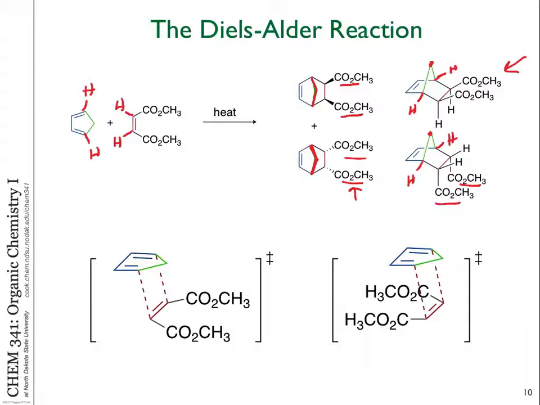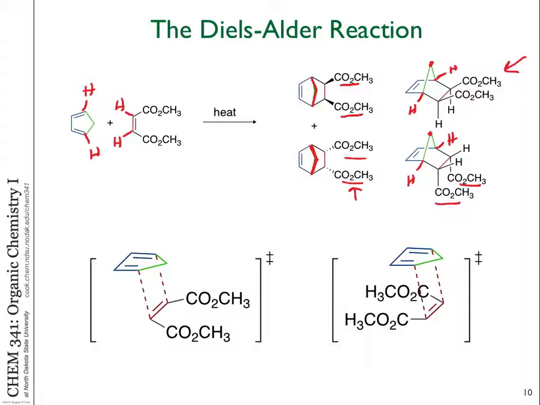This reaction actually, although sometimes we see a mixture of these 2 diastereomers formed, there is a preference, and there's a major product. And so here are the 2 transition states where, as you visualize these groups coming together, to get the product on top, where the CH2 group and the other groups on the dienophile are on the same side, that means those groups have to be pointing out.